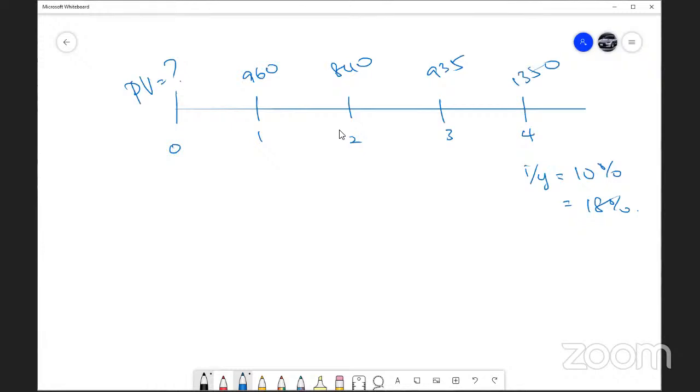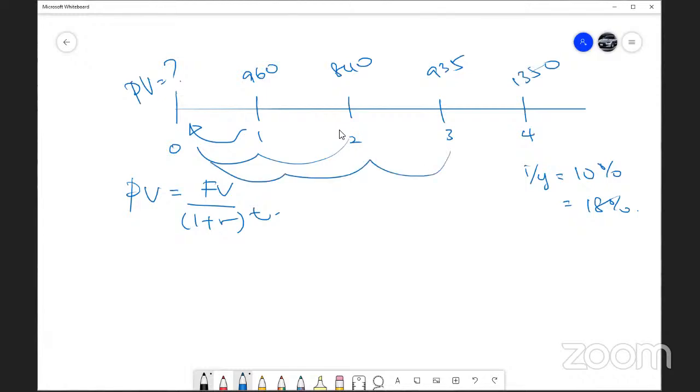So just now, if you do the present value, you know PV is equals to FV divided by (1 plus R) power of T. So in this scenario, you have 4 different cash flow in every year. So you need to count 960 when it's discounted backwards to time 0, how much it's going to be. 840 discounted 2 times. 935 discounted 3 times. 1350 discounted 4 times.